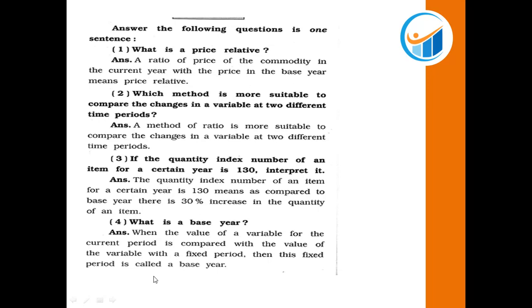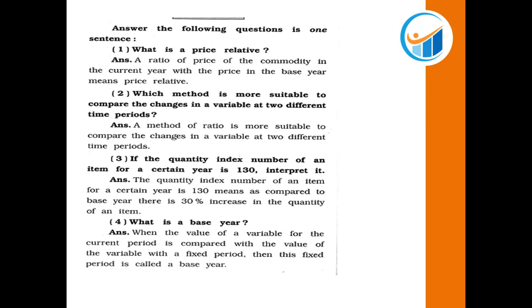If 1990's prices are compared with the year 1990, 1994's price is compared to the year 1990, 1993 prices are compared with 1990, 92's price are compared with 1990, 91 year's price are compared with 1990. So all year prices are compared with the price of the year 1990. So 1990 year's price is known as the base year's price.